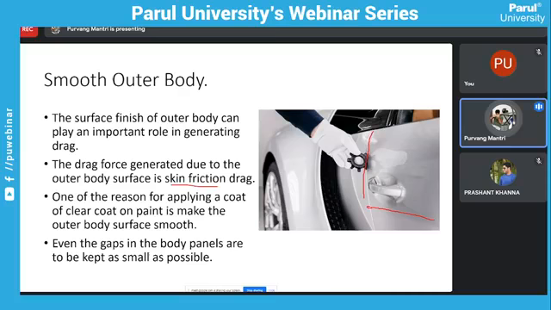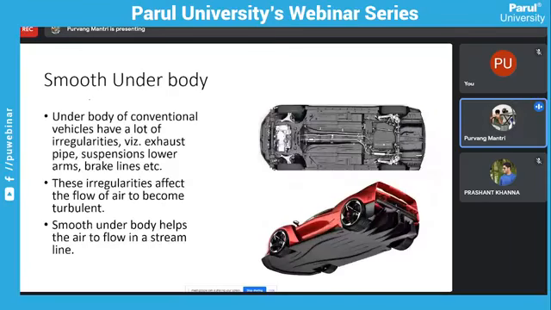So first and foremost, we try to keep our outer body smooth. Secondly, we will try and make the underbody smooth as well. Now in case of our road vehicles or passenger vehicles which are currently running on our roads, the underbody looks something like this, and we have quite a lot of irregularities.